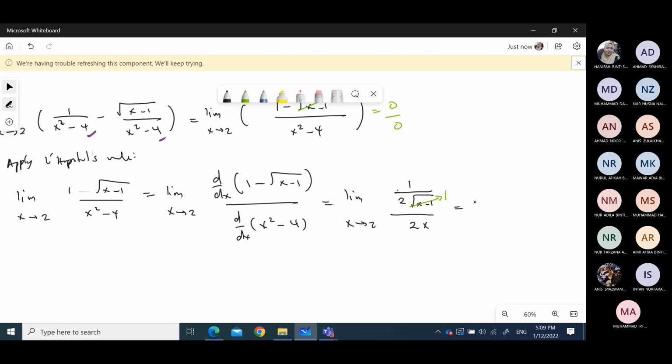What is the answer? Is it 2? 1/8? 1 over what? 2 minus 1 is 1, so square root of 1 is 1. So 1 over 2 over 2 times 2 is 4. And it is also equivalent with 2. Is the answer 2 correct?